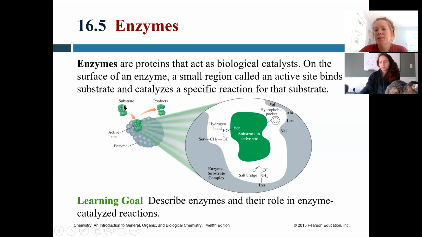So what will happen is this substrate that we have in our body, and let's say our body doesn't like the actual substrate, it wants it to be broken apart into something else, like sucrose, and we want it to be fructose and glucose so we can actually digest it or use it. So the substrate will come in, it'll click into the active site.